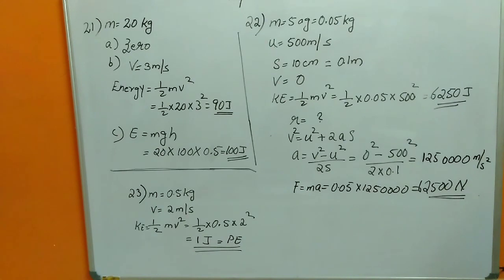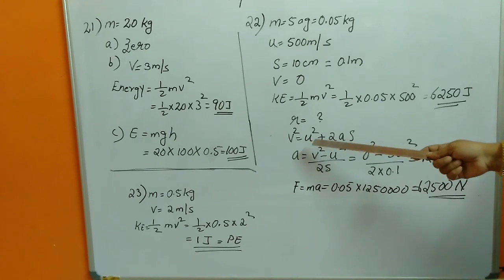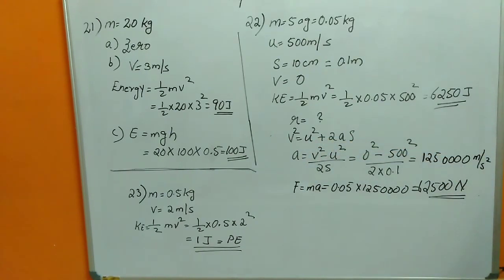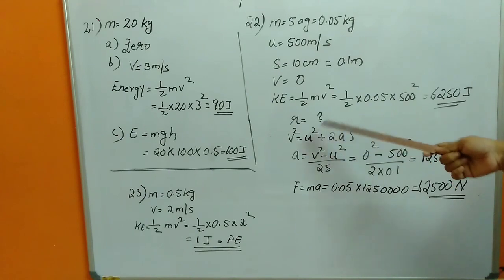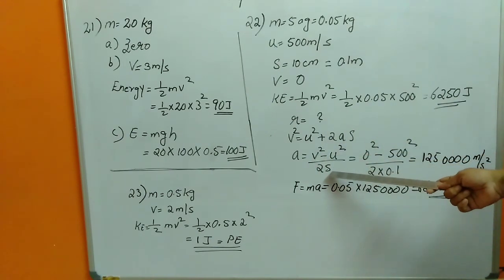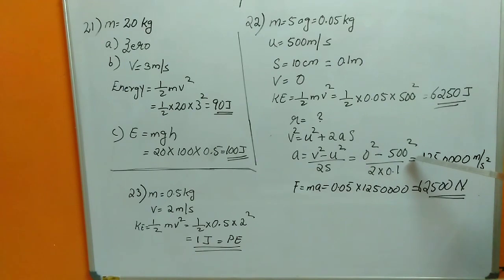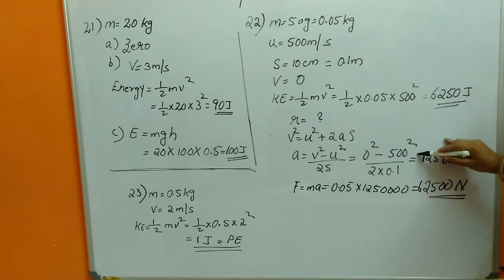Second question is calculate the average retarding force. You are asked to calculate retarding force. To calculate retarding force, first we have to calculate the retardation. Here we have the formula v square is equal to u square plus 2as. You will get a is equal to v square minus u square by 2s. By calculating you will get a negative value, that is negative 500 (in the thousands). So acceleration is negative.